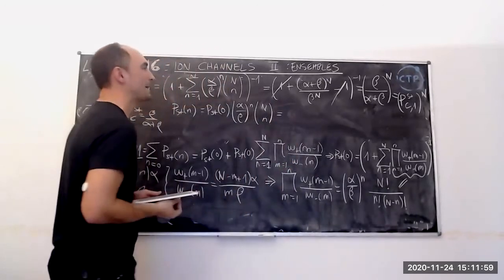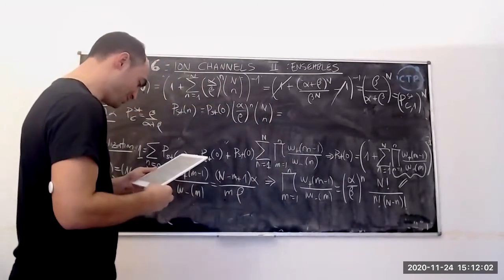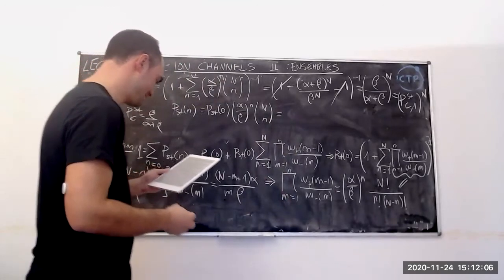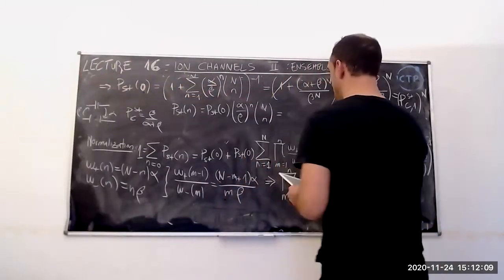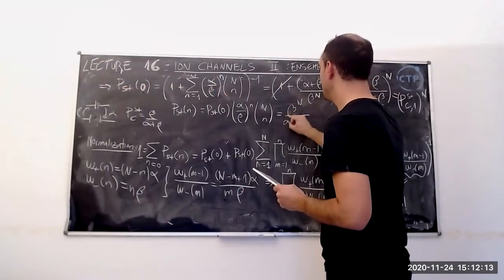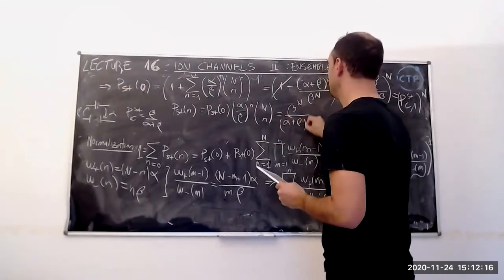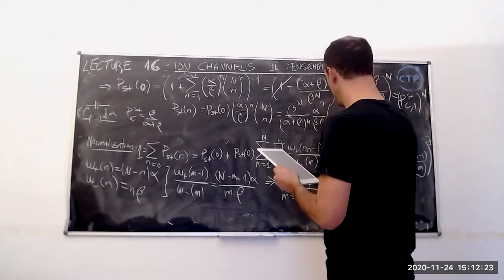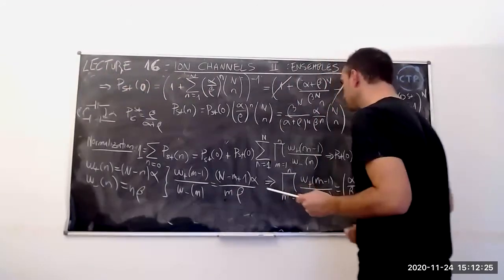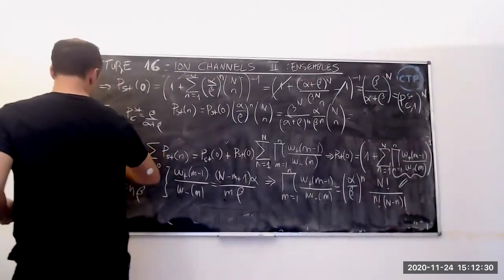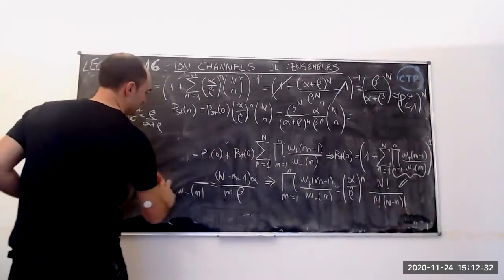Okay, because what one gets is nothing but the following: beta to the power N, beta to the power small n, alpha n, beta n. Then, okay, let me clean a bit because this is not big.